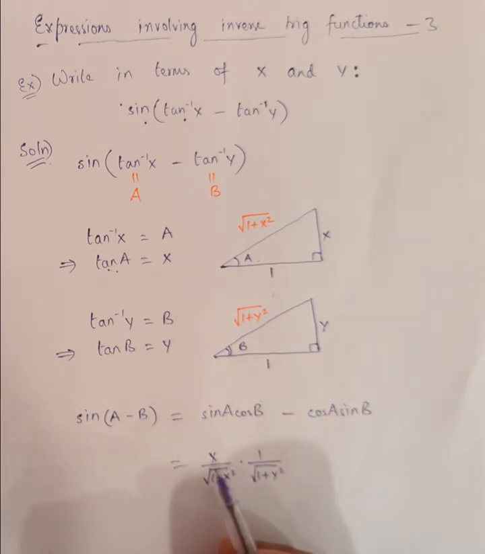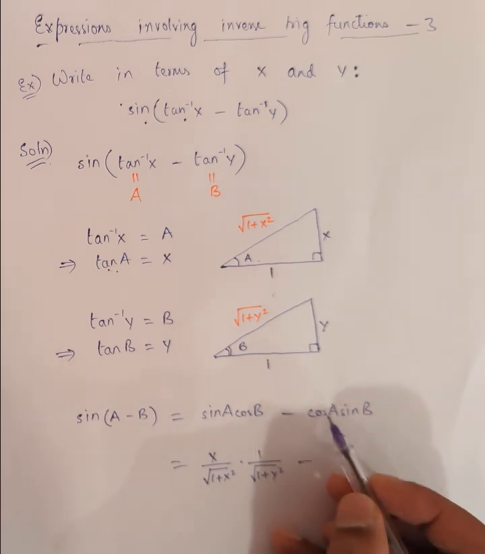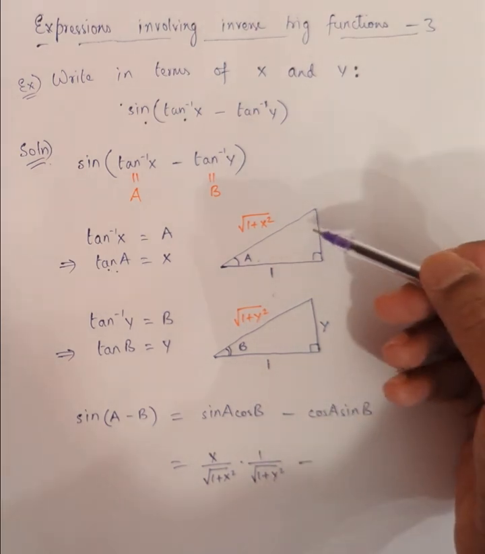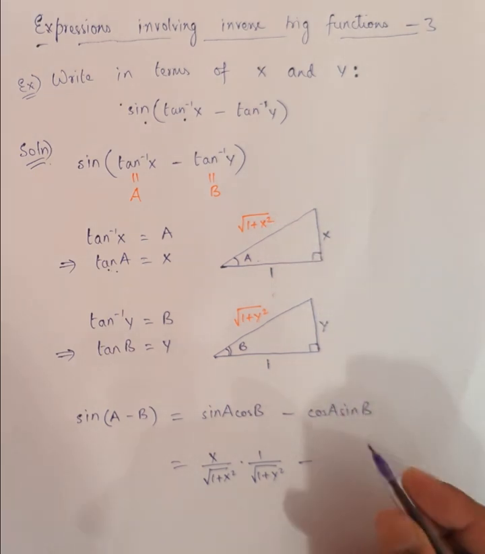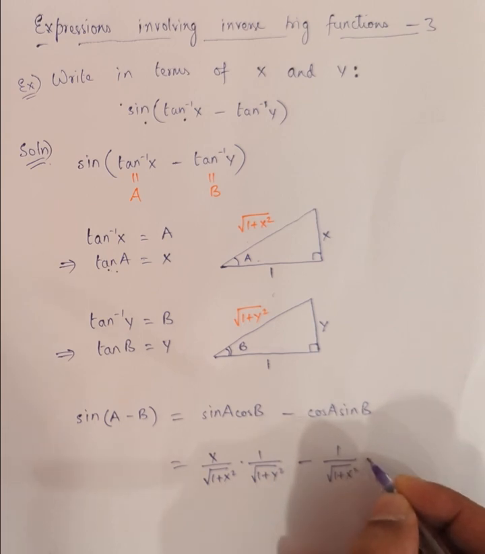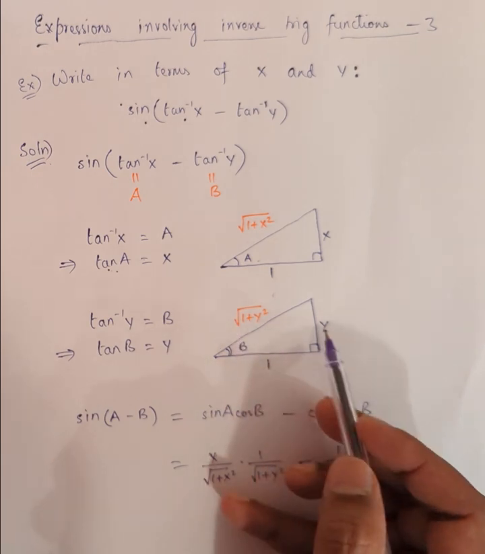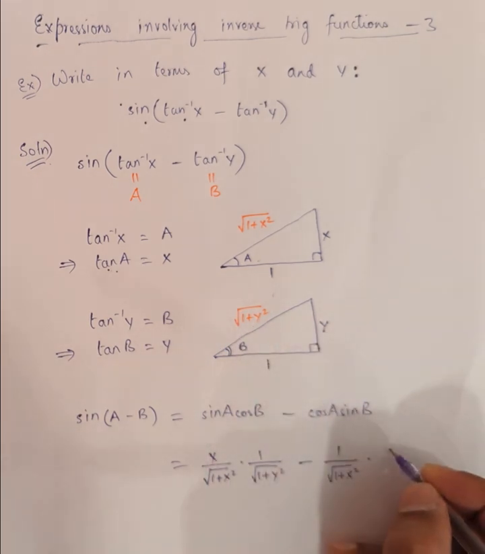So sin a cos b means you multiply sin a with cos b, minus, now cos a, we go back to the first triangle, cos a is 1 over square root of 1 plus x square, and sin b, we come to the second triangle, it's opposite over hypotenuse. So that's going to be y over square root of 1 plus y square.